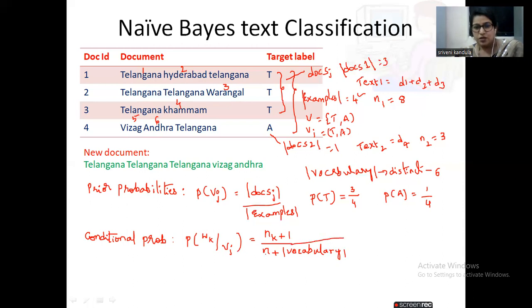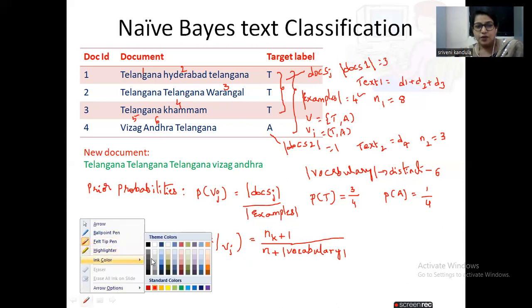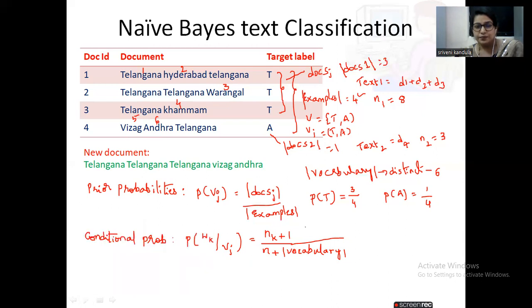Here, N, when you are working with the target label T, is N1, where N indicates the number of words in each text document. So in text 1, how many words you have, in text 2, how many you have, that we should consider. The 1 here is taken as a Laplace smoothing value. Why we are taking that, I will explain when we solve the example.